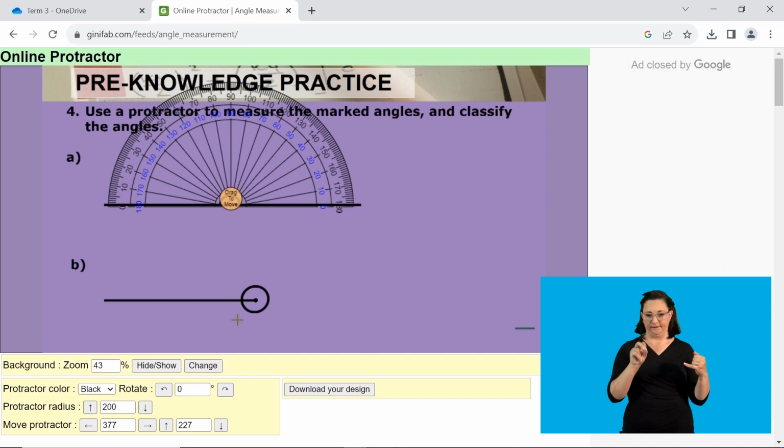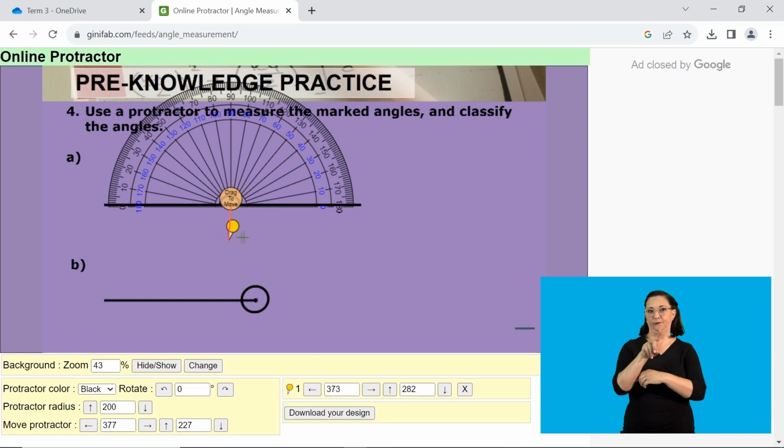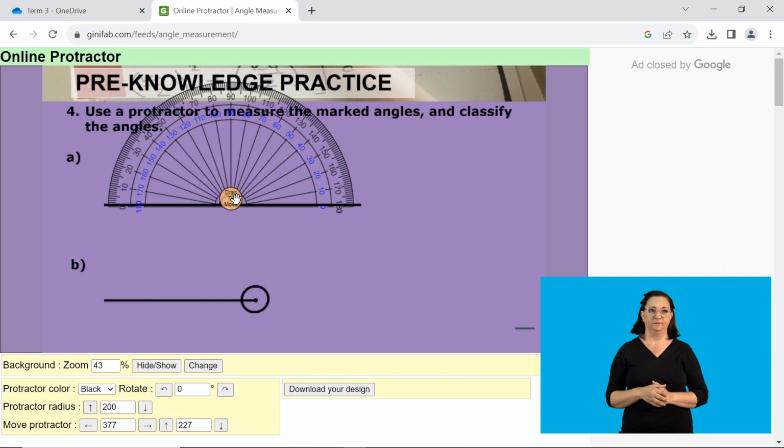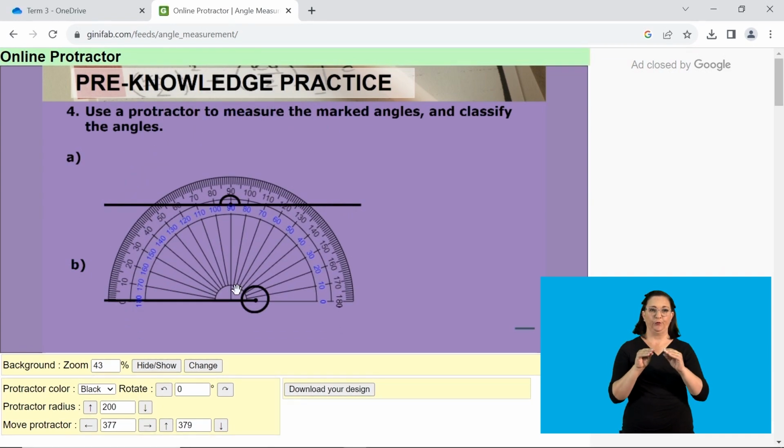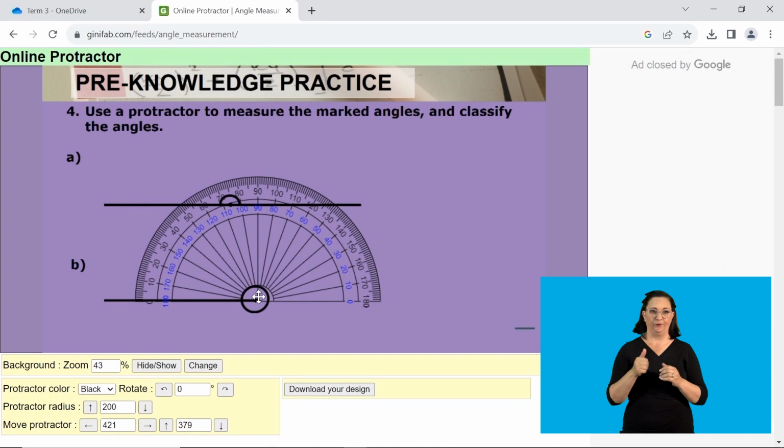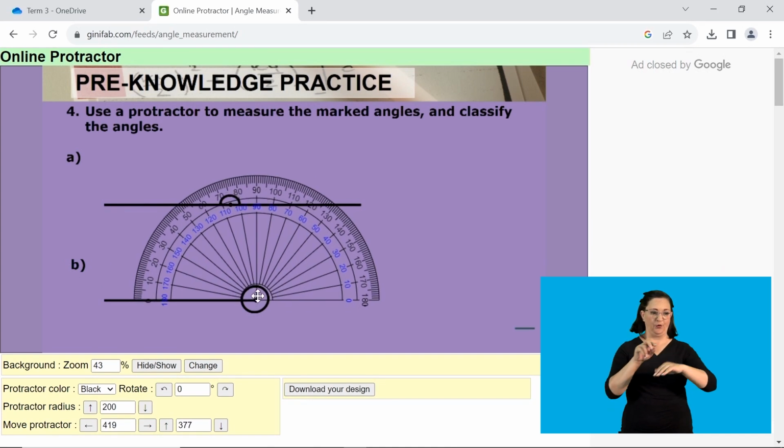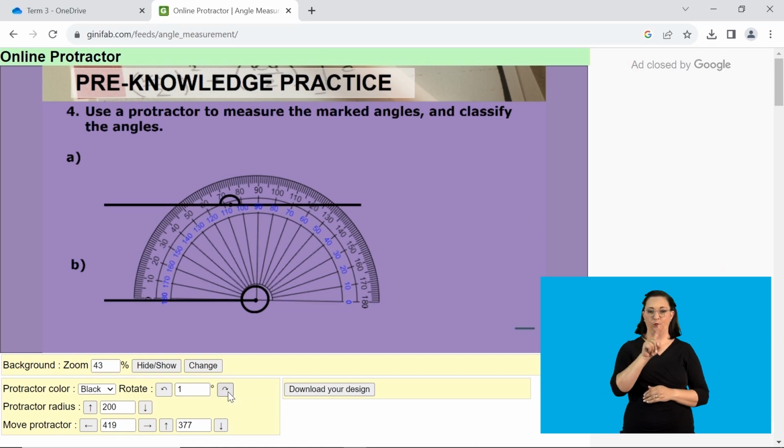And then when we look at the next diagram, which is B, it is a revolution, which means it's 180 plus another 180. If we drag the ruler and we put it there, we'll then tilt the ruler around so that you are able to see that as we turn the ruler around, it would give us 180 degrees again.